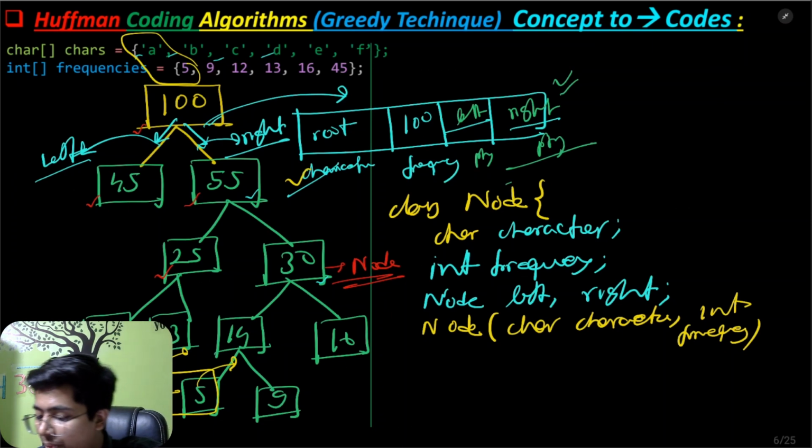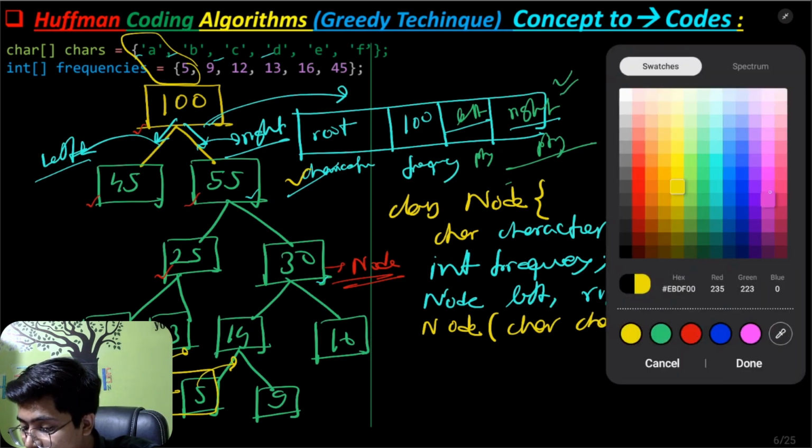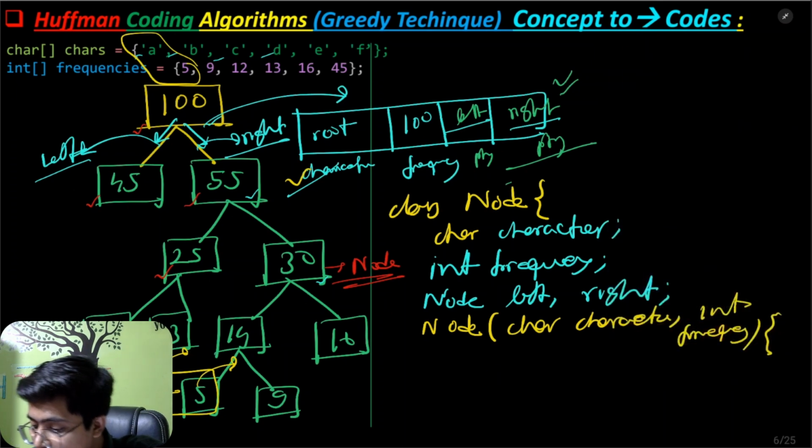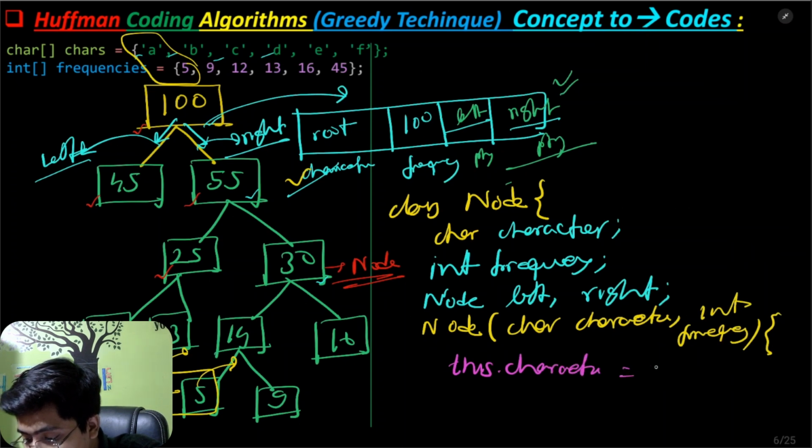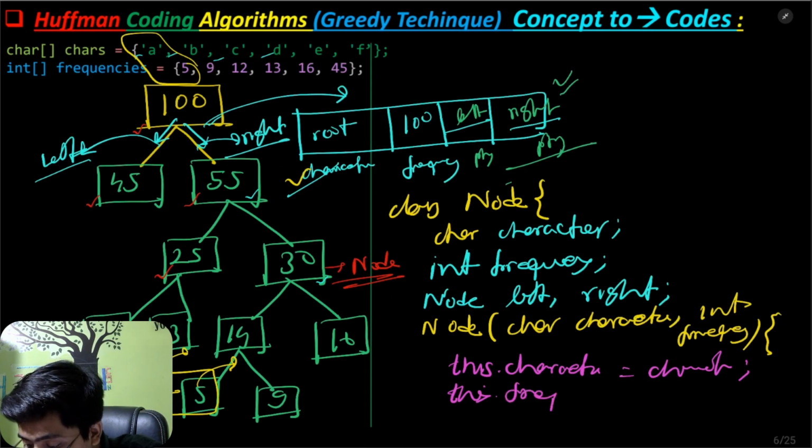So the entire value is passed, so we'll be writing character, frequency, integer frequency, and now we'll be assigning them to this dot character, this dot character equals character, this dot frequency equals frequency.